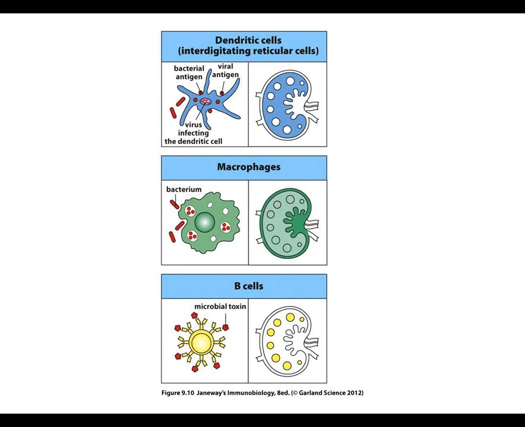Almost all cells, except ones that don't have a nucleus, like red blood cells, have MHC class 1, so they can present to T cells. However, only 3 cells are specialized to present to T cells and have MHC type 2 as well as MHC type 1. These are dendritic cells, macrophages, and B cells.